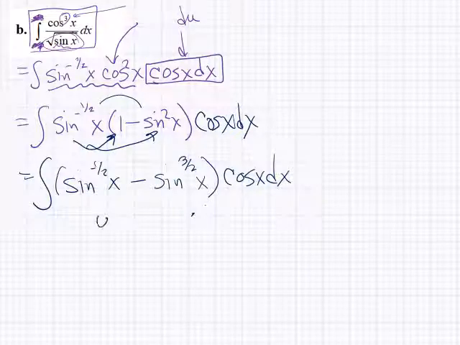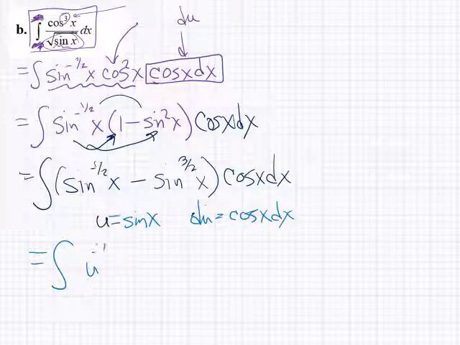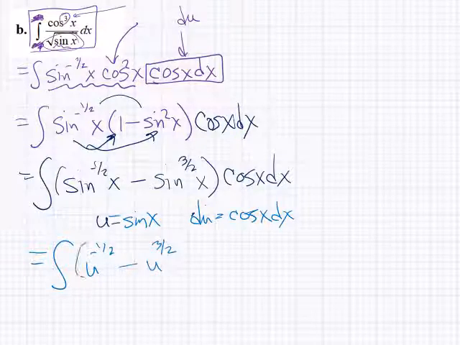So it's all set for me to say u equals sine x, du equals cosine x dx, and I simply get the integral of u to the minus 1/2 minus u to the 3/2 du. Again, can't get much easier than that, right?